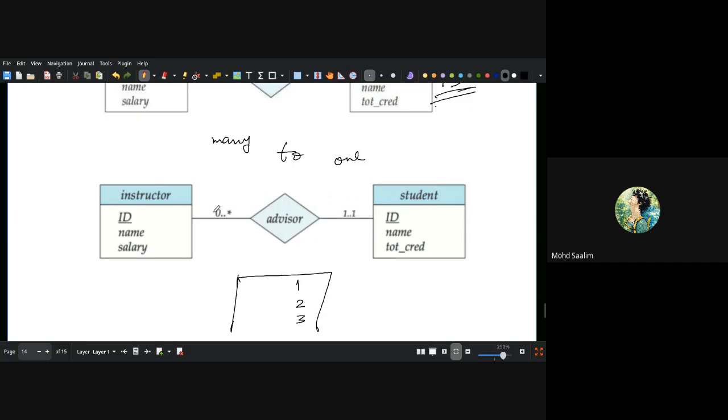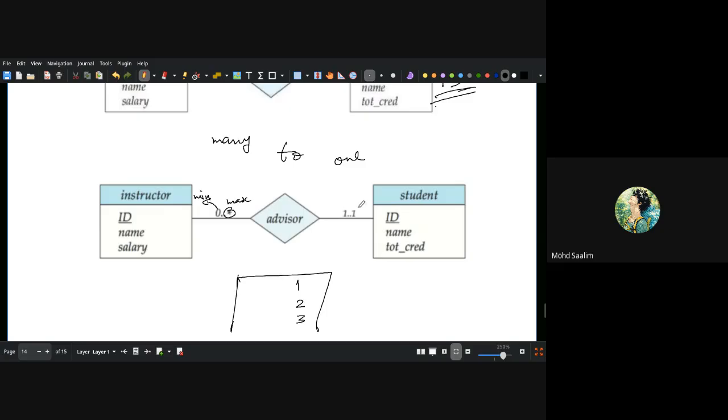So see, just like I said, these two numbers, out of them, the first number is the minimum threshold. At minimum, how many instructors you want to participate. This is the max. So at maximum, at most, how many instructors you want to participate in this relationship.